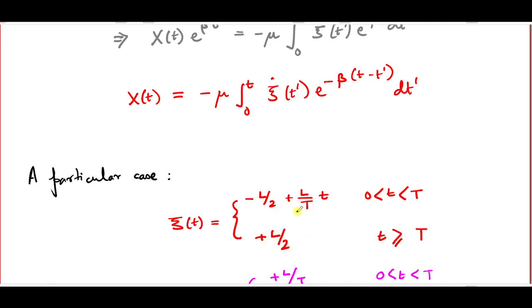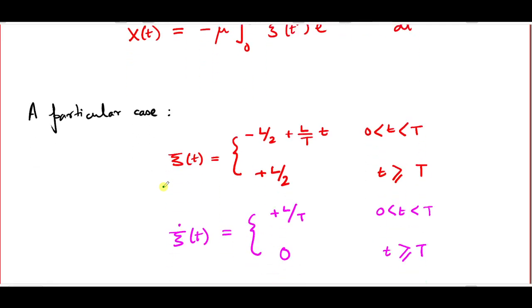So, the boatman is moving at a speed of capital L over capital T uniformly for a period of time given by capital T, in which he moves from minus L by 2 to plus L by 2 and stays put there afterwards. Note that all of this is the displacement of the boatman with respect to the center of the boat. So xi dot of t simply becomes plus L by T between 0 and capital T, and 0 henceforth.